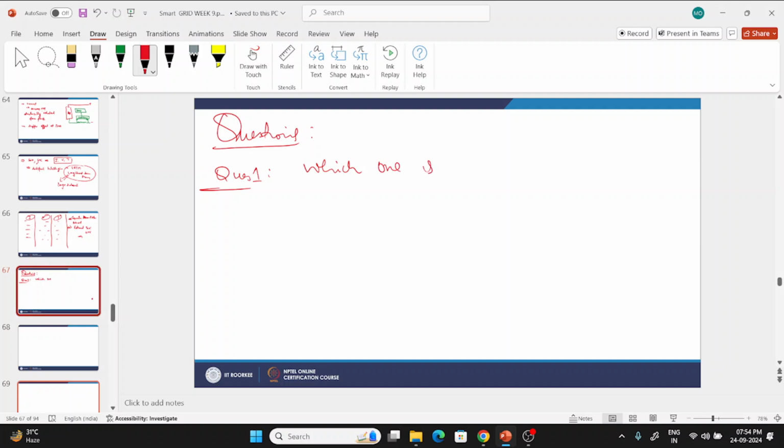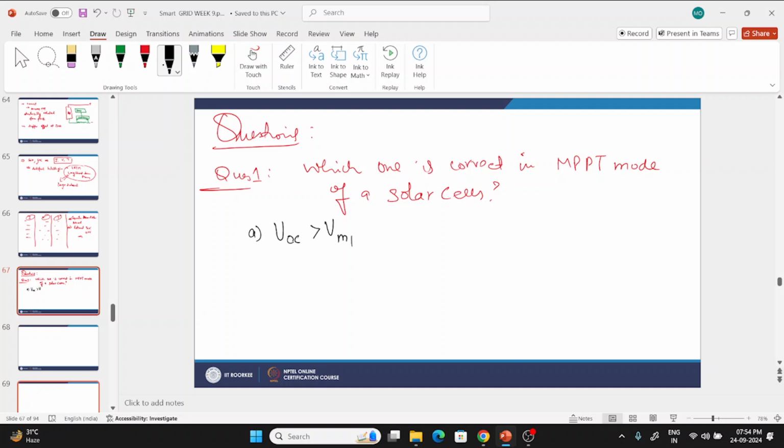Which one is correct in MPPT mode of solar cell? सोलर सेल, कौन सा ऑप्शन इज करेक्ट? तो एक ऑप्शन है VOC is greater than VMP and IMP is greater than ISC. IMP क्या है?